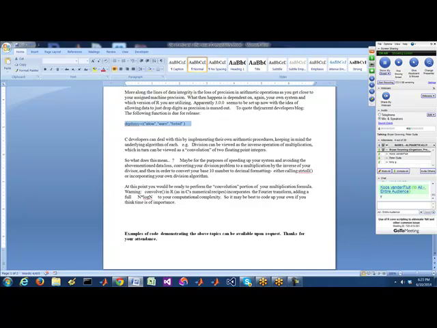So, the way to get around this for right now, in the meantime, while this is still up in the air, is to code your own algorithms or procedures to deal with your mathematical procedures.